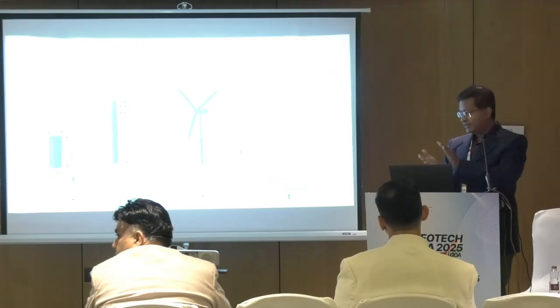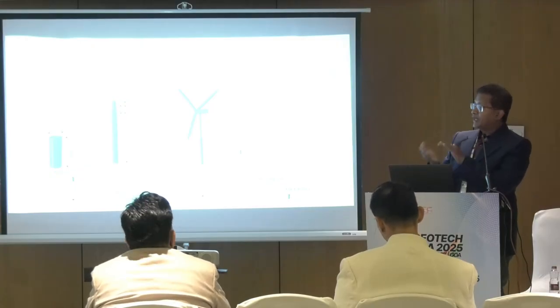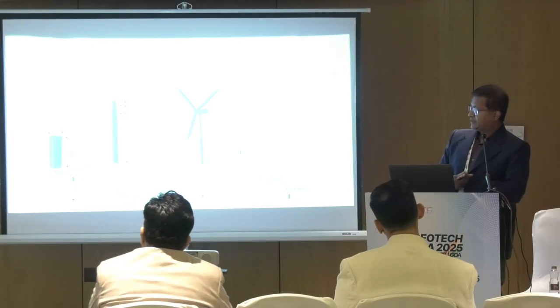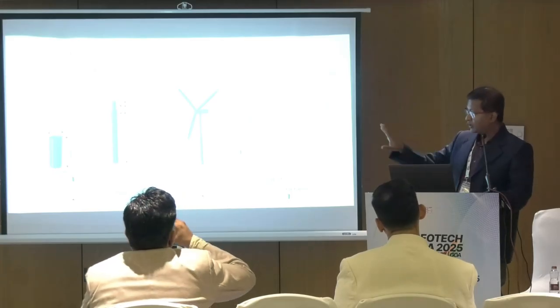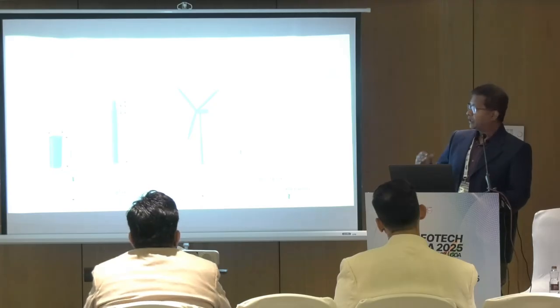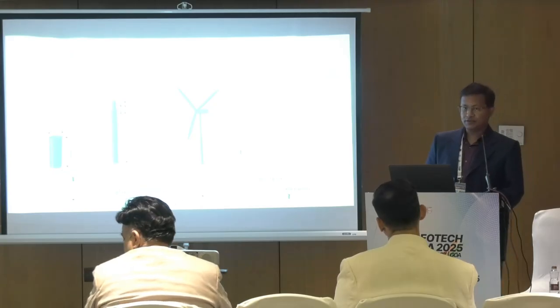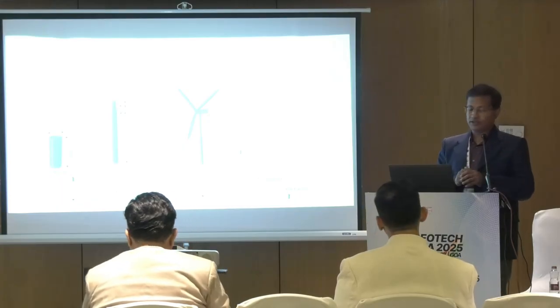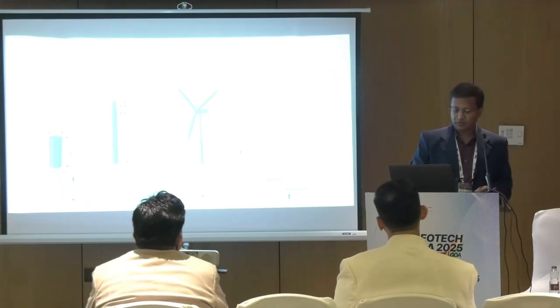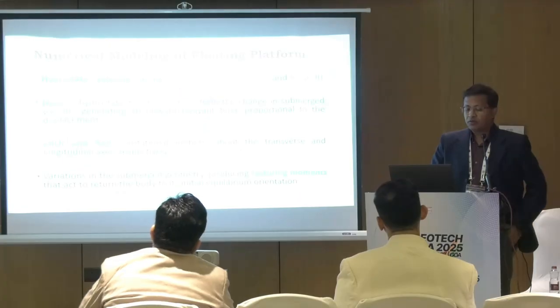That means when it is displaced by some amount, it has some restoring force. At the same time, we have a hydrodynamic force as well. When the body is pushed against the water, it also produces some resistance. All these criteria we need to take into consideration for modeling this type of structure. So how do we model this?